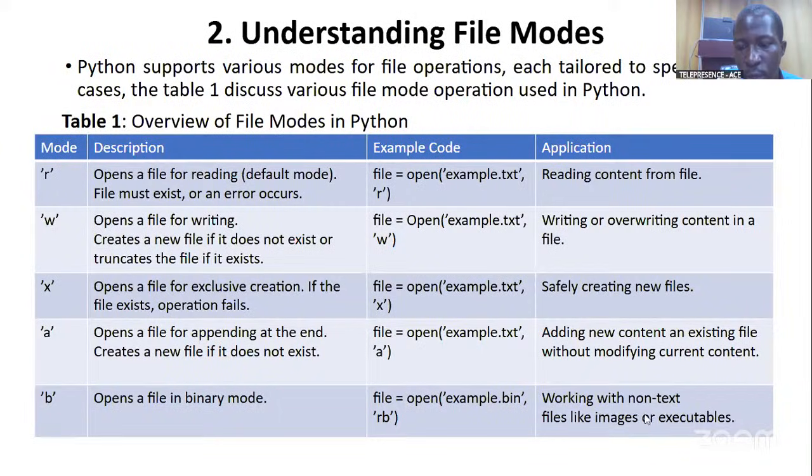So working with non-text mode. When you are talking about binary mode, it is non-text, files that are not humanly readable, like images or executable files, like what we call the format of a setup.